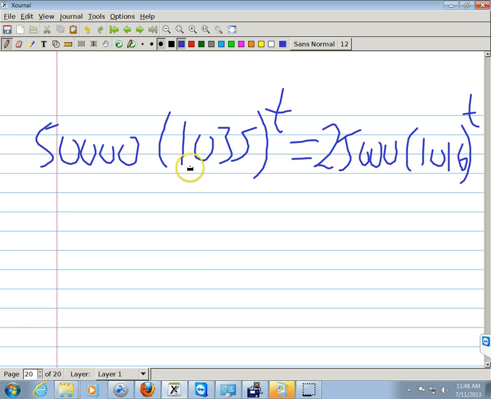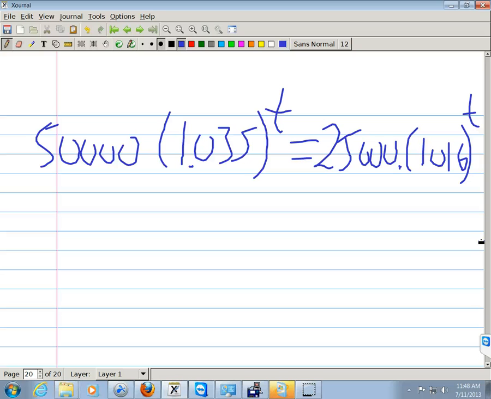Don't forget there's a decimal here, and a decimal here. So what would you do to get t? Can you solve for t? This one's a little tricky because there are exponents of t on both sides. It's a little different.